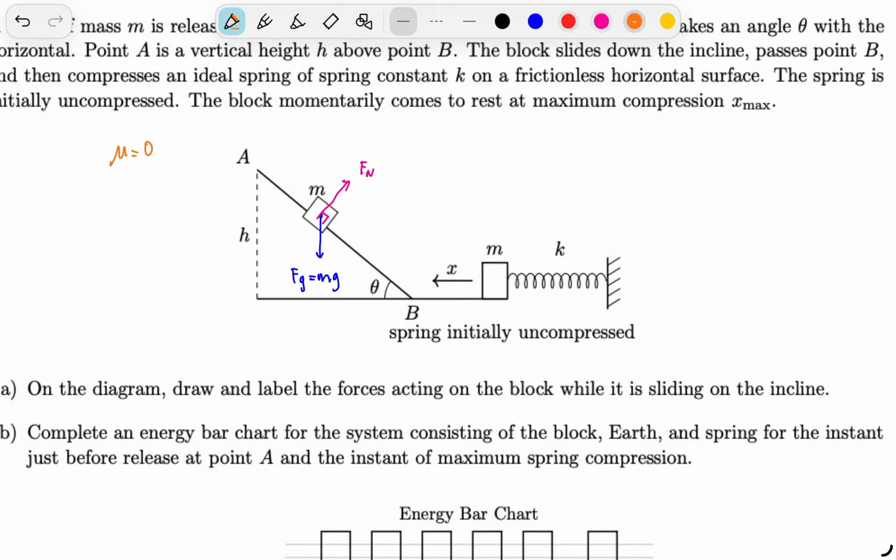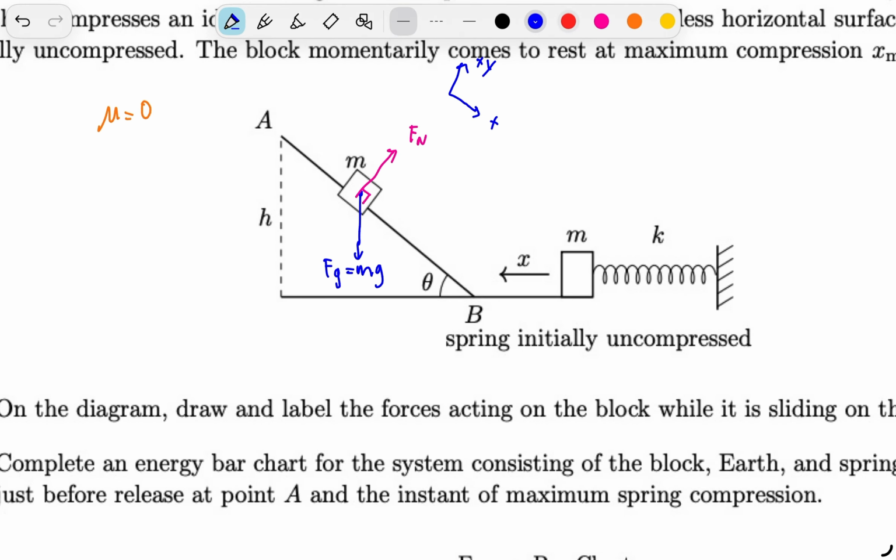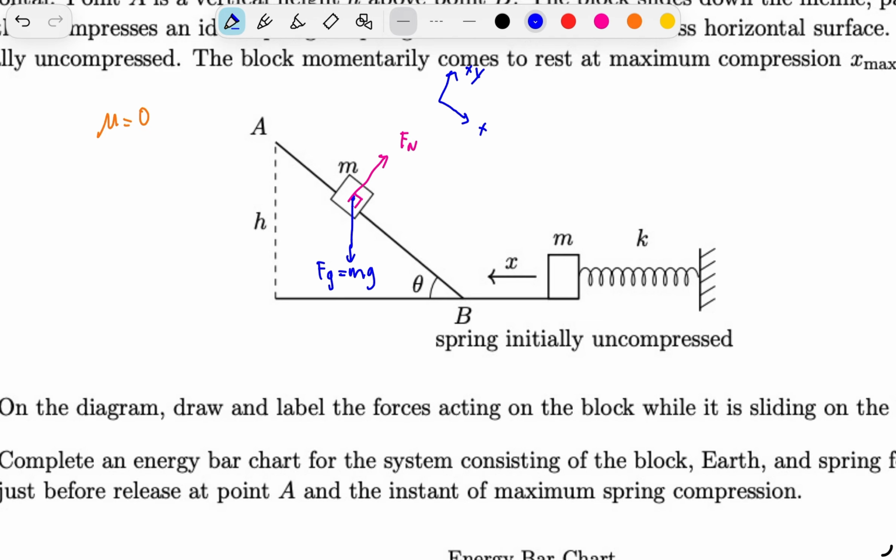Now, because this force of gravity is not on the exact coordinate system of y and x, we're going to adjust our incline to have axes that align with the incline. So we're going to split up FG into a vertical and a horizontal component. We're going to have this vertical component here.